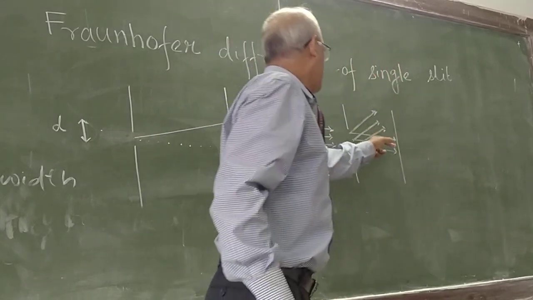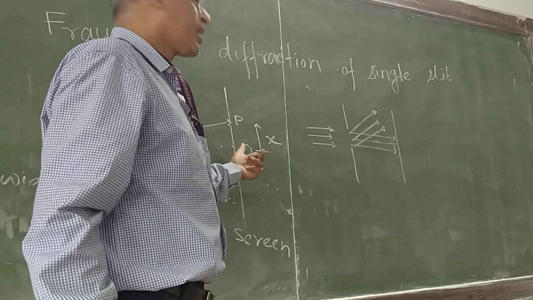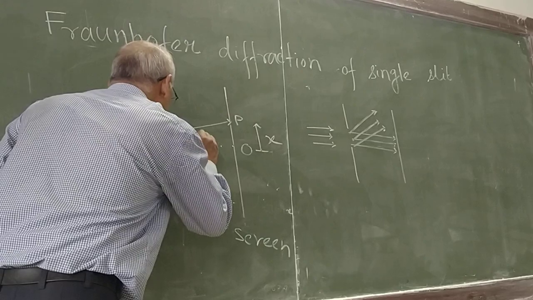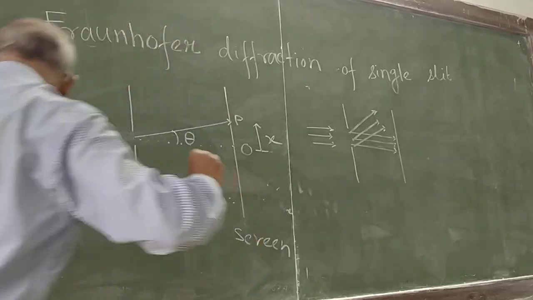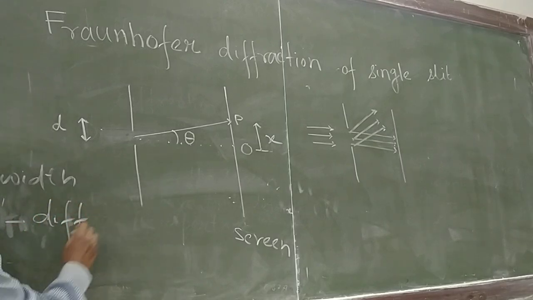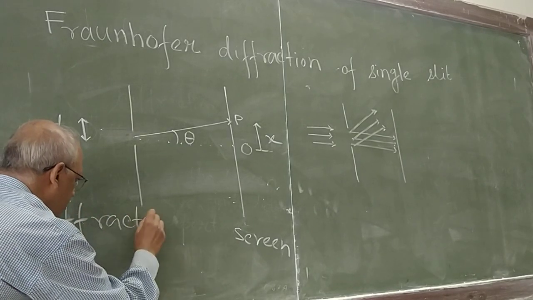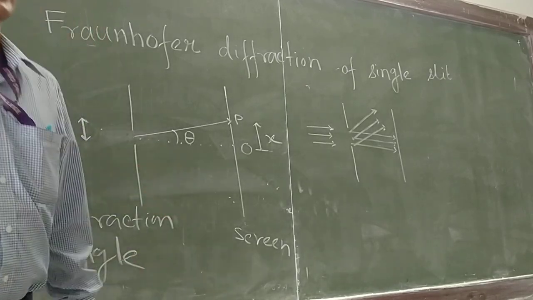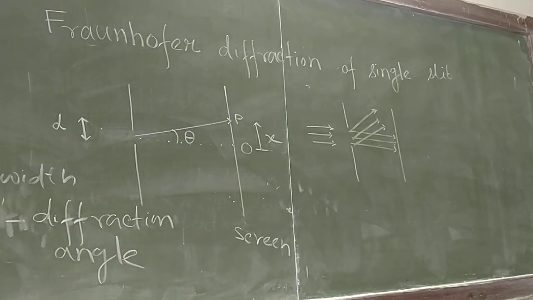This one is represented by point O, and this is represented by point P. And this angle theta is called the diffraction angle. Up to this much is clear. Theta is called the diffraction angle.